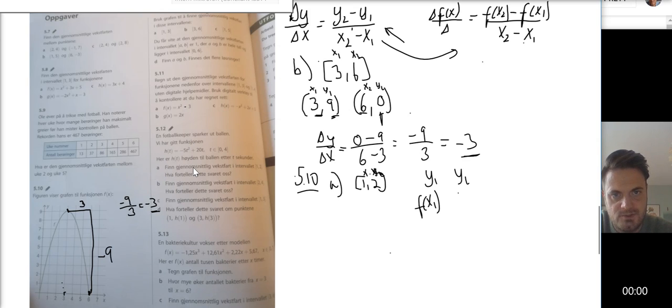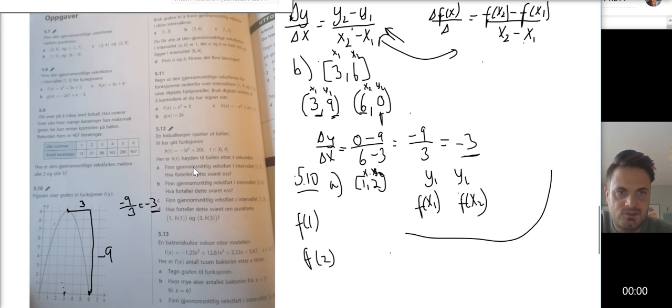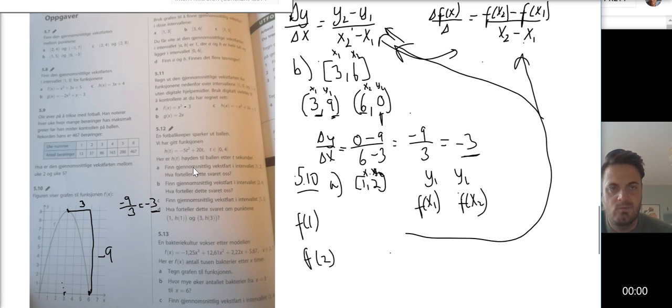And to find y2 we have to calculate f of x2, right? So I have to calculate f of 1 and f of 2, or h of 1, h of 2. Then I get some answers, and then I'll use this formula, which is, once again, the same formula. So I'll give you a hint here on exercise 5.12.